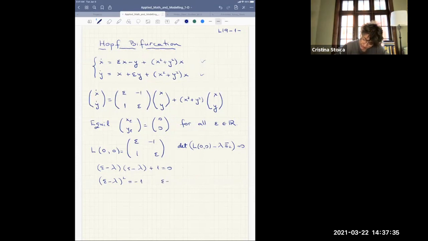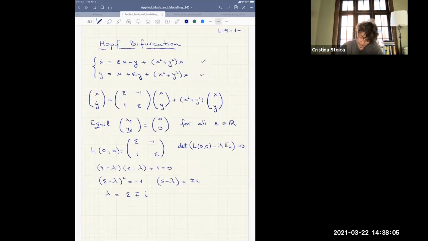So epsilon minus lambda will be plus minus i. You see how I'm solving it? I'm not doing the entire quadratic, I'm just taking advantage of this form. So lambda will be epsilon plus minus i.